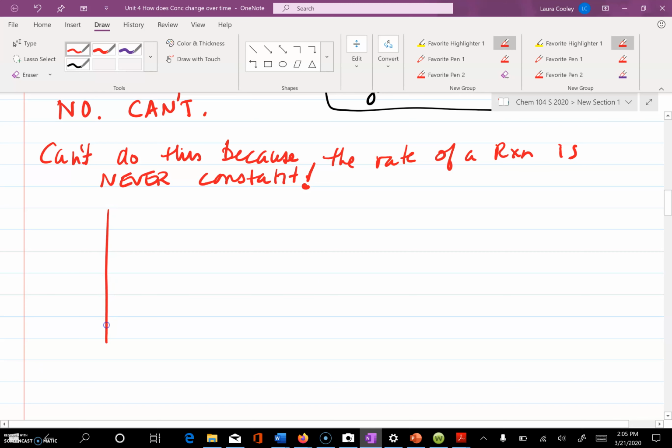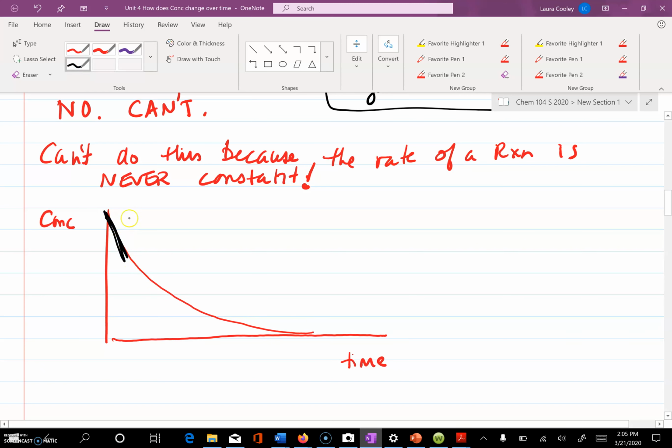Okay, so if you remember back from the very first day where we talked about a graph of concentration of reactants with time, remember it looks kind of like this. At the beginning, you have a very big slope, like you have a large change in concentration over change in time.